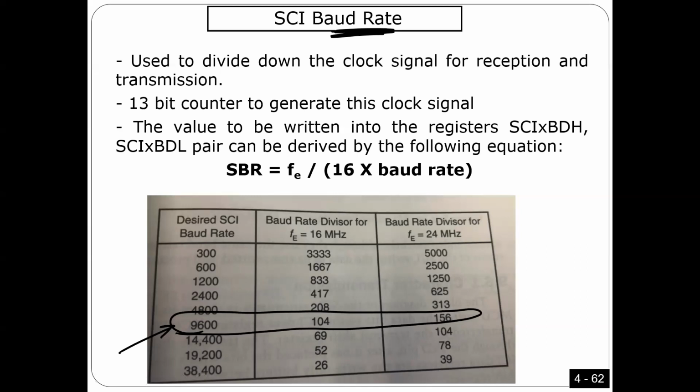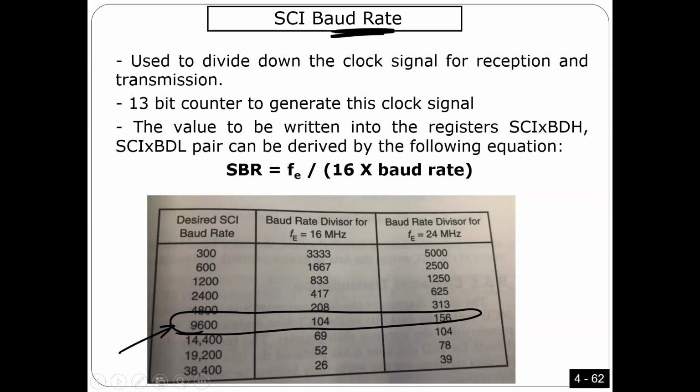Otherwise we are going to lose communication. You understand what I'm saying? We are not going to be synchronized. For synchronization, the two devices should have the same speed. So if you use 9,600 on one device, the other device should use the same speed. Otherwise, we cannot communicate, right?